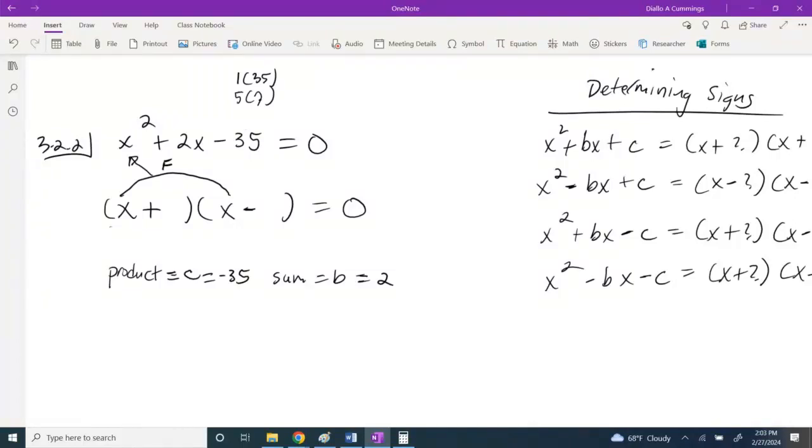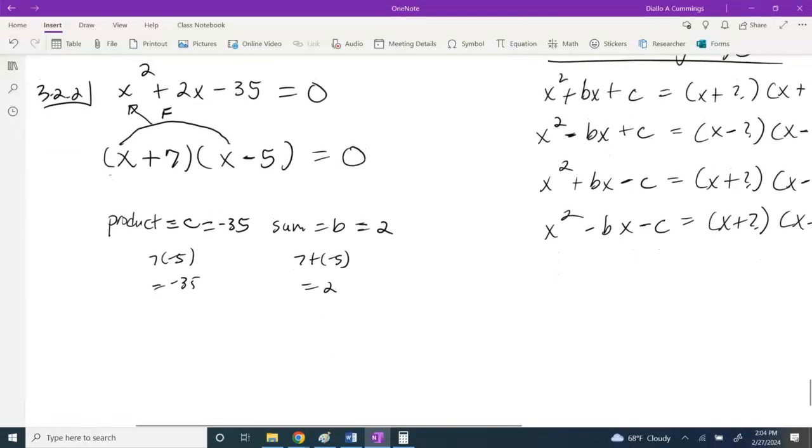Since my middle term is positive, I'm going to make the 7 positive and the 5 negative, because 7 times negative 5 is negative 35, and 7 plus negative 5 is positive 2.